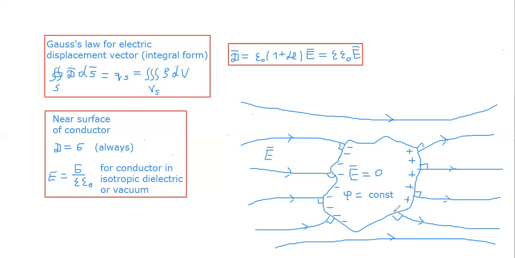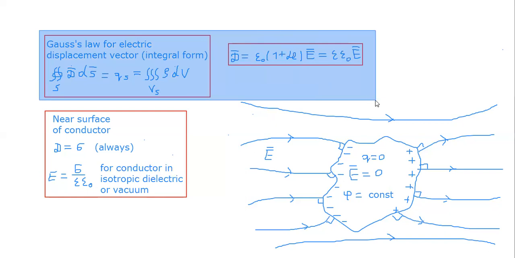But there is no charge and there is no field inside the conductor. Okay, is it clear or not?